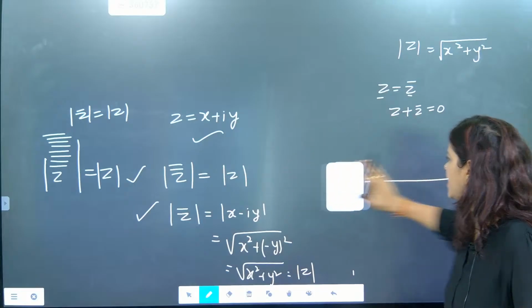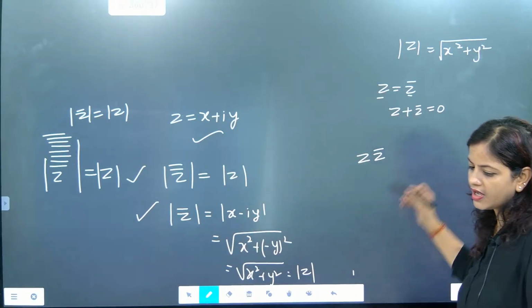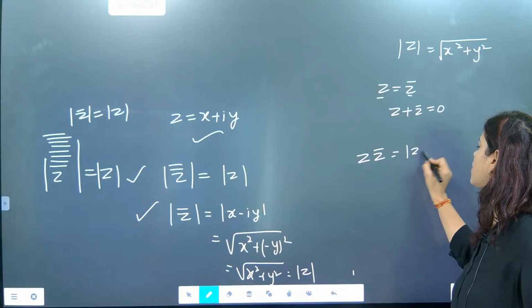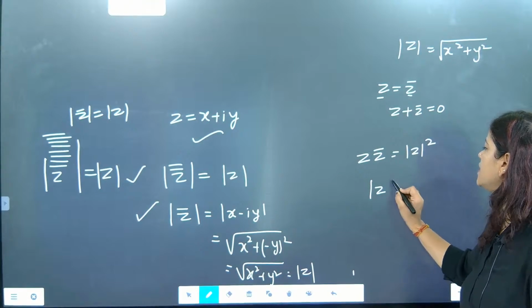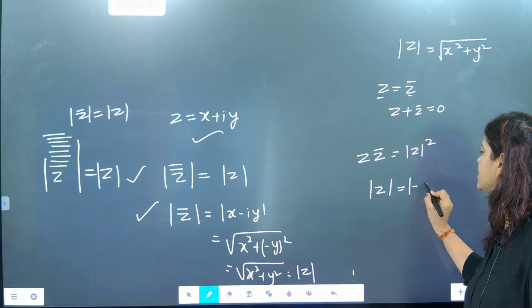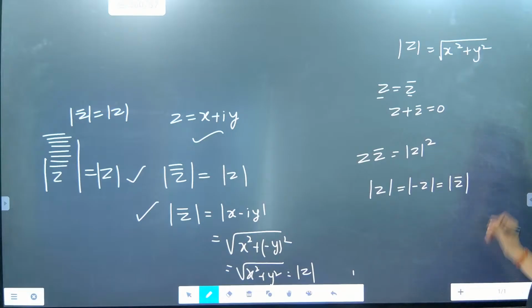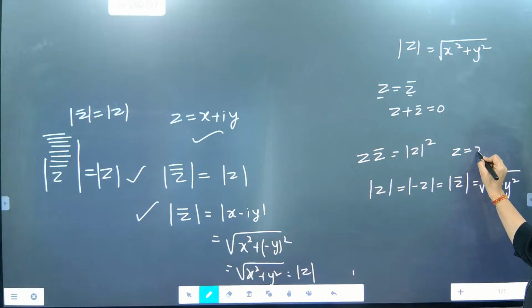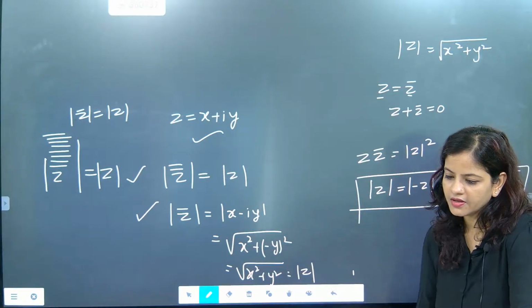Next part we have studied: z into conjugate of z, z z bar, exactly equals modulus of z whole square, and modulus of z can be written like this. Any format you write, all are equal and all give you root under x square plus y square when z is equal to x plus iy. This is the thing you must remember. Done?